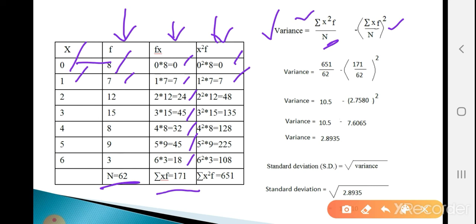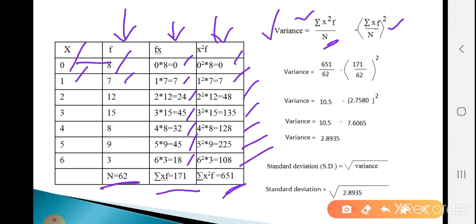Then 2 square, that is 4, 4 into 12, that is 48. 3 square, that is 9, 9 into 15, that is 135. 4 square into 8, that is 128. 5 square into 9, that is 225. Then 6 square into 3, that is 108. So the total of column summation x square into f is 651.